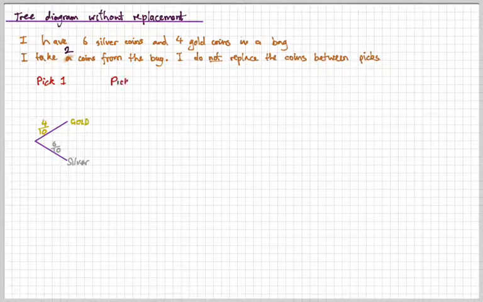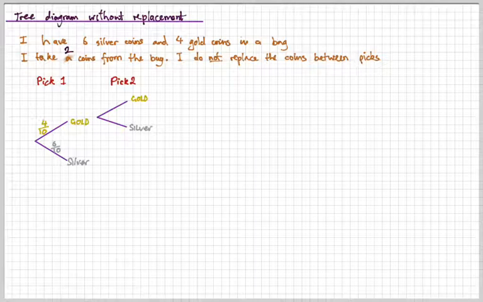Okay, for the second pick. Once we've picked the gold coin in the first instance, the next possible outcome is we could pick a gold, or we could pick a silver. Now think about this. We haven't replaced the coins. So in the bag at the moment, there is 1 gold coin missing, which means there are only 9 coins available.